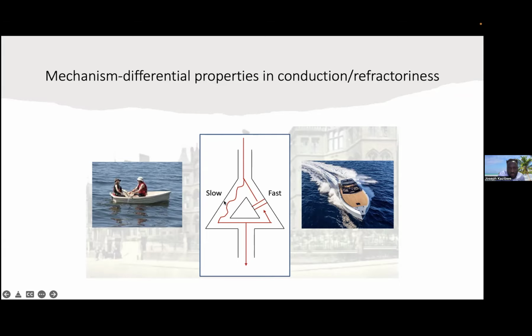The easiest way to look at it is, the slow pathway is quite slow, but it has a short refractory period, whereas the fast pathway is quite slick, but it has a longer refractory period. Most people use the boat physiology to help people imagine it. When you have a fast moving boat, it goes very slick, but the water takes longer to settle. Yet if you have the slow one, you won't even notice it. It requires a very short time before it can conduct again.